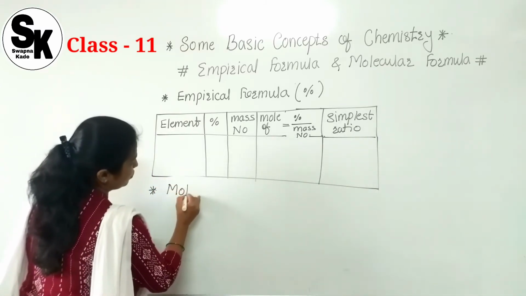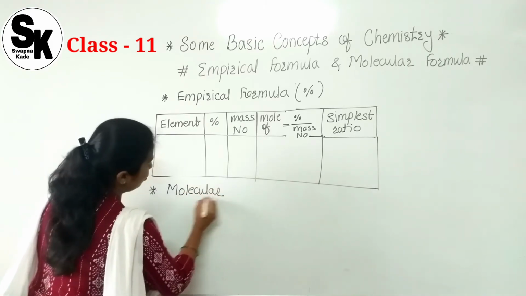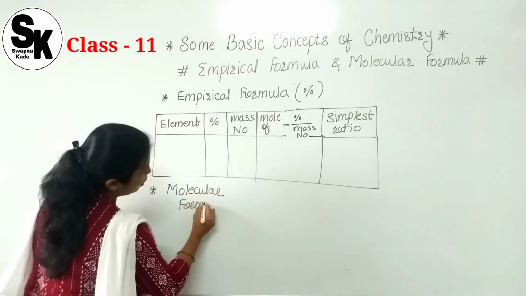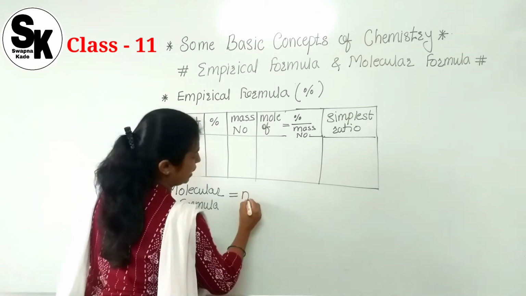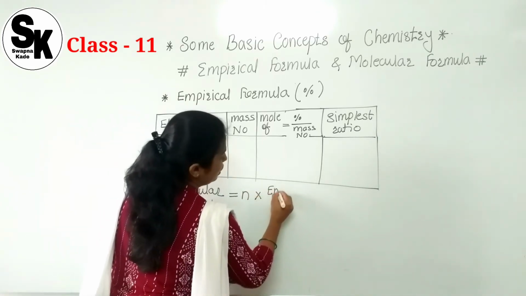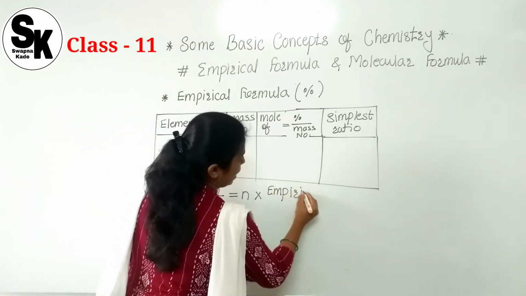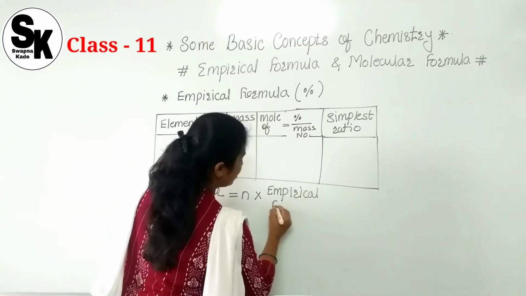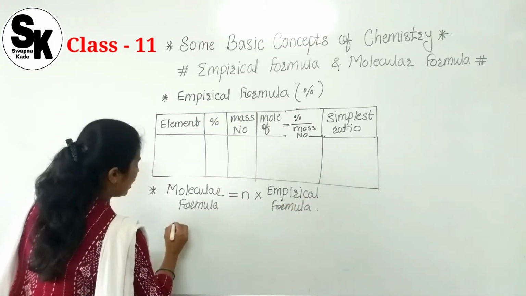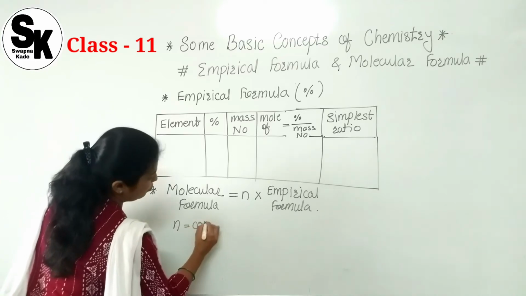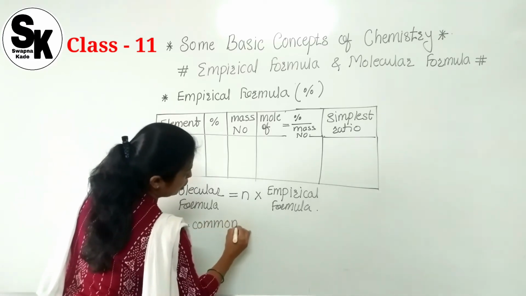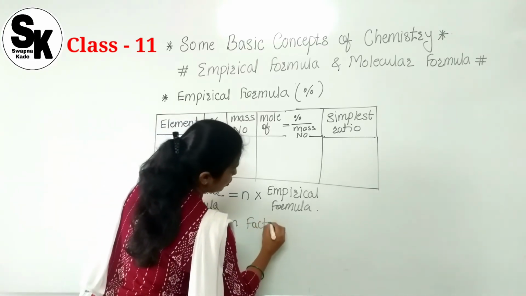molecular formula. What is that? For the molecular formula, to find it out is n into empirical formula. What is that n? How to find out? That also I will give you an idea. n is the common factor. How to calculate?